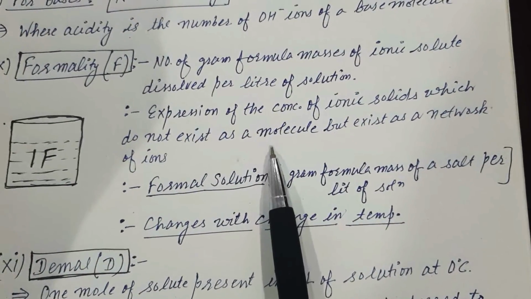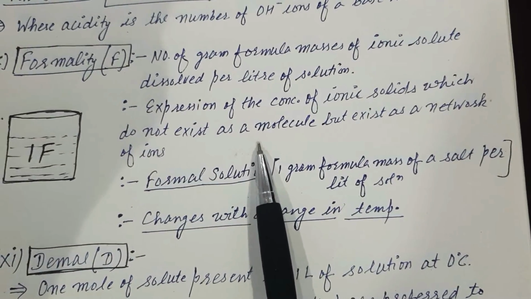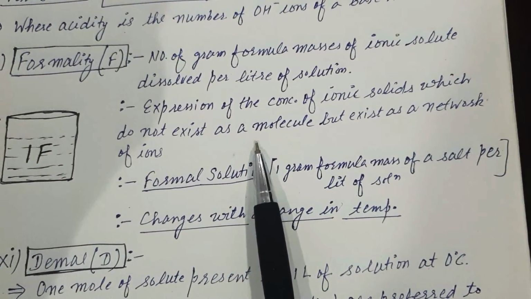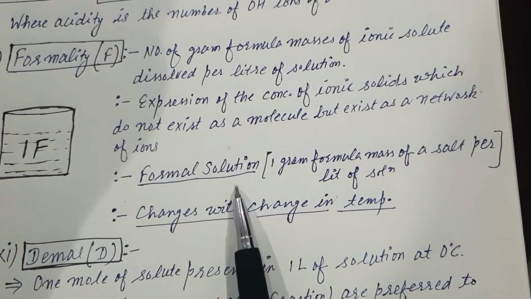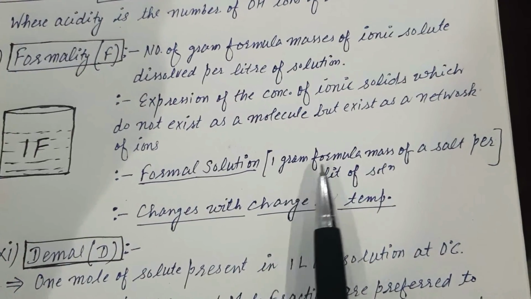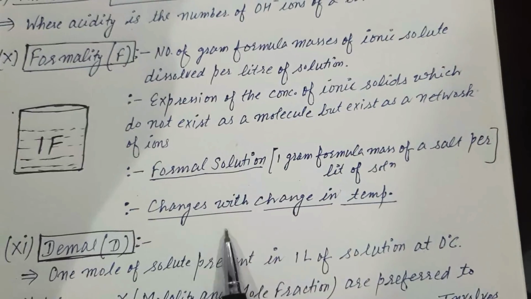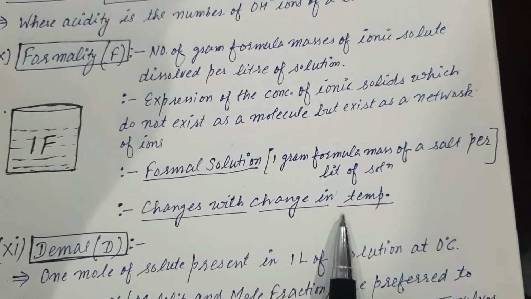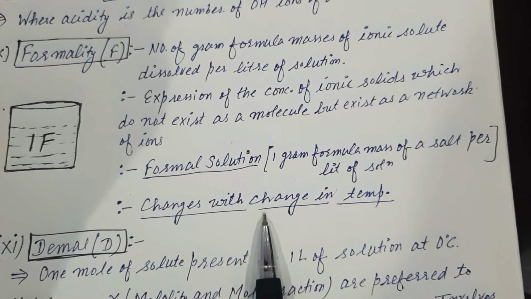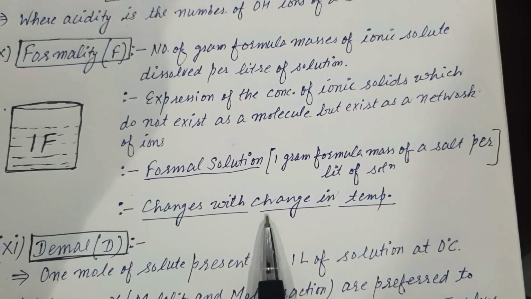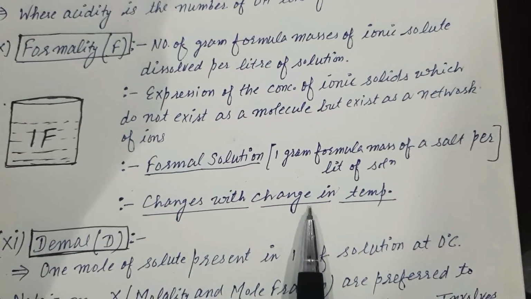So in this case we take formula mass for a salt or ionic compound, and the solution formed in this process is known as a formal solution, or we can say 1 gram formula of a salt per liter of solution. It also changes with change in temperature, as in case of formality we take volume of the solution and volume is a temperature dependent parameter. So formality, like molarity, also changes with temperature.